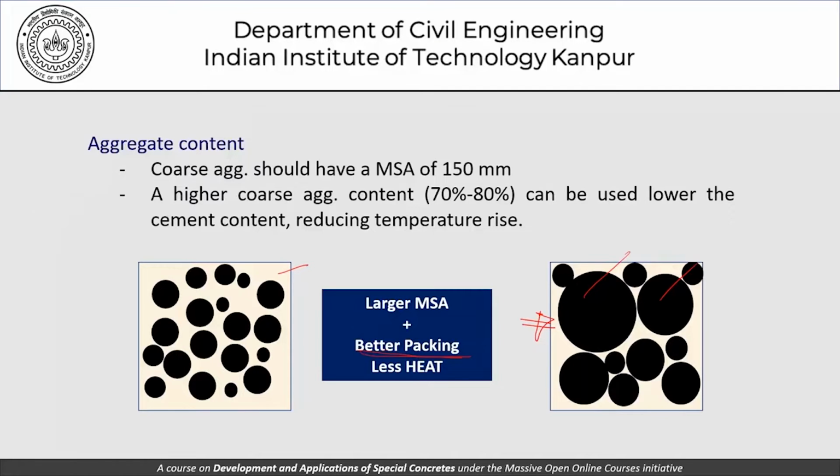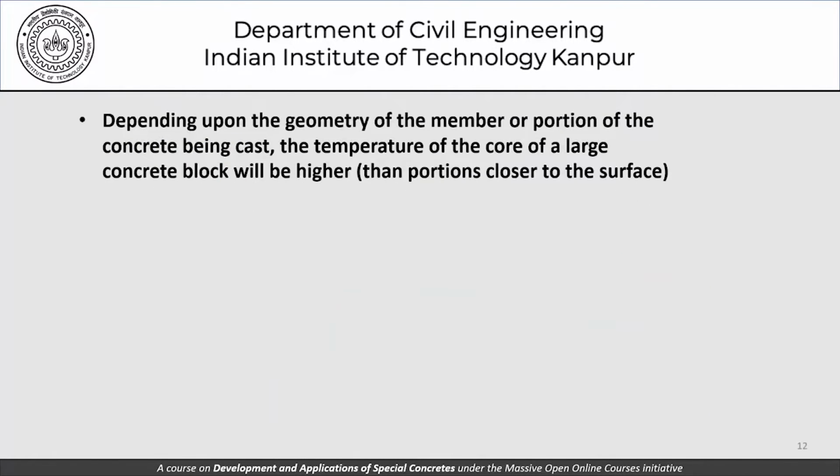That will help us get less heat in this concrete, because on the one hand it reduces the amount of cement consumption and also contributes to the total amount of heat being evolved being reduced. Now, depending upon the geometry of the member or the portion of the concrete being cast, the temperature of the core of a large concrete block will be higher than portions close to the surface.